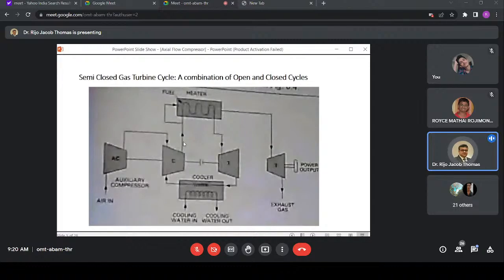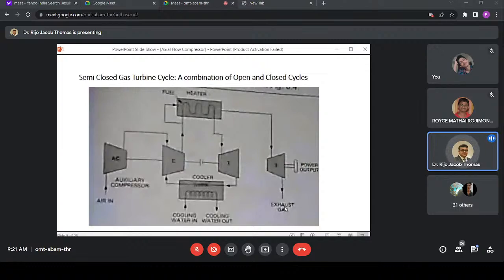So the output of the second compressor, you can see, is bypassed. Everything doesn't go into the heater, but some air goes into the combustion chamber, where along with the fuel it is burnt. That part you are expanding in another turbine, where that power output is also utilized and taken out.